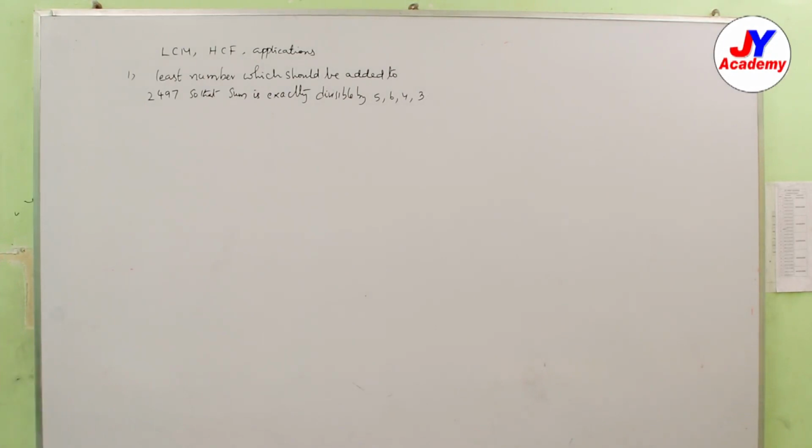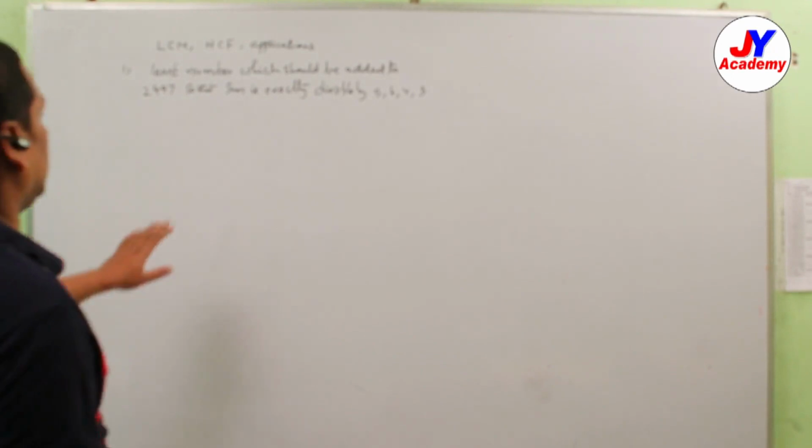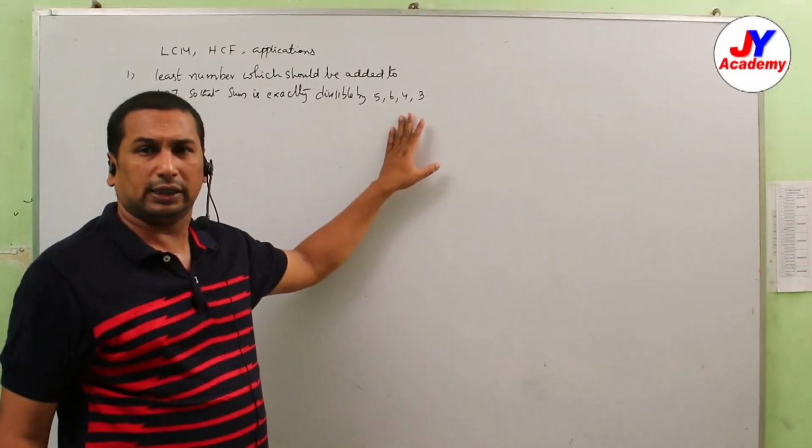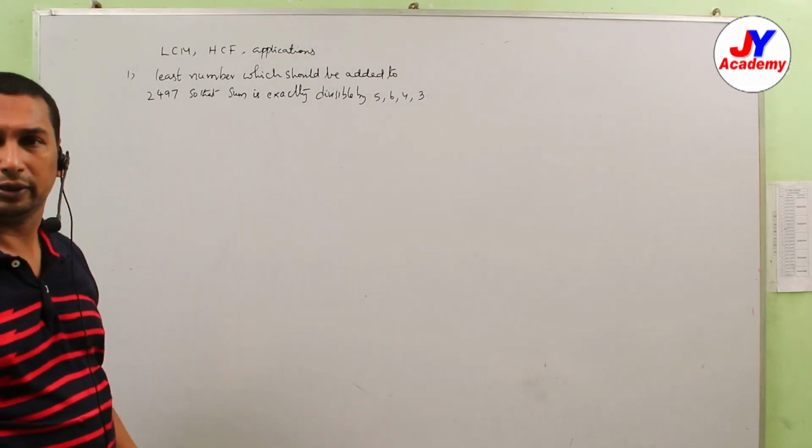What least number added to that number to make the sum exactly divisible by the given numbers 5643.